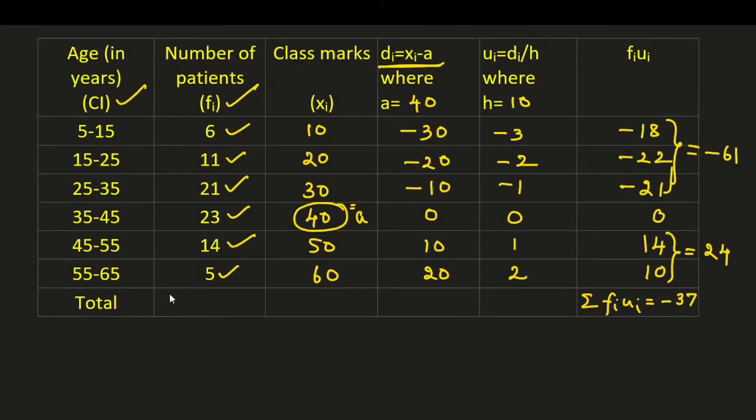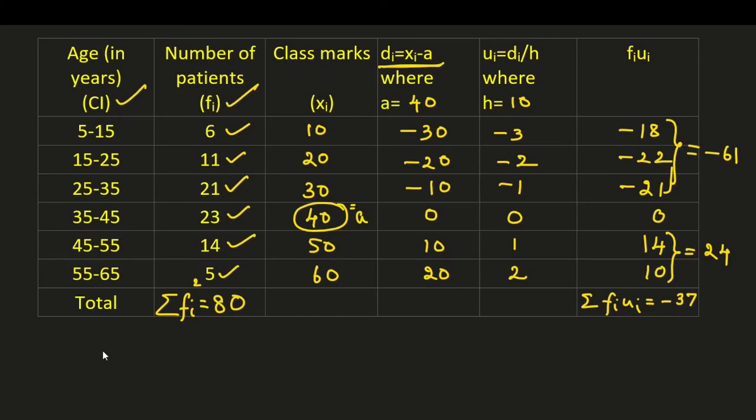Now let us see sigma fi. 6 plus 1, 7, plus 1, 8, plus 3, 11, plus 4, 15, plus 5, 20, and so on. We get sigma fi as 80.